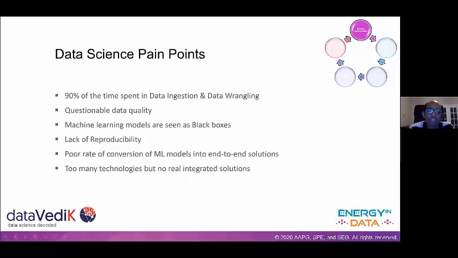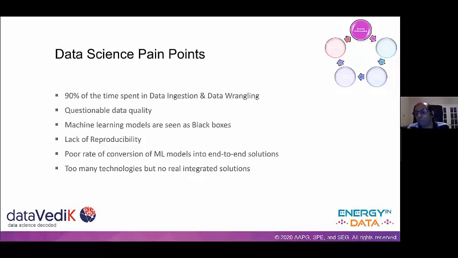The next part is the poor rate of conversion of machine learning models into end user solutions. And what that means is there are lots of prototypes and pilots on the machine learning side. Typically the purpose of a prototype or a pilot is to build a quick solution, a quick model, and say yes, there is a potential to solve this problem using machine learning.